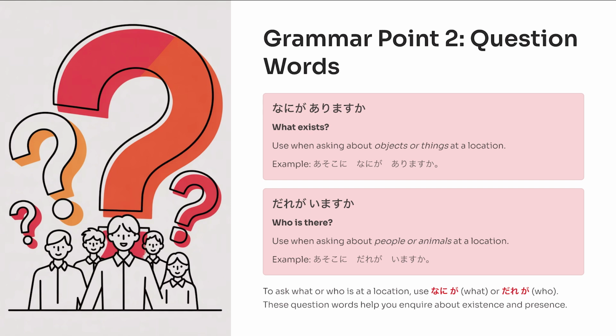That's because we're asking about the thing or person that exists at a location. A simple way to remember this grammar is objects or things, use 何がありますか? People or animals, use 誰がいますか? Once you know whether you're talking about a living or non-living thing, choosing the correct question pattern becomes much easier.